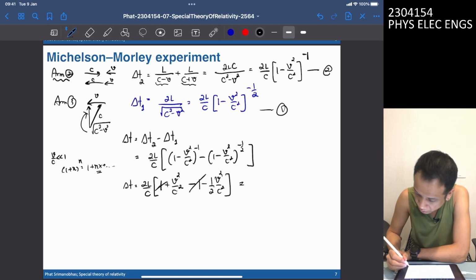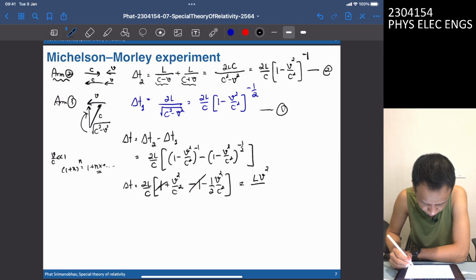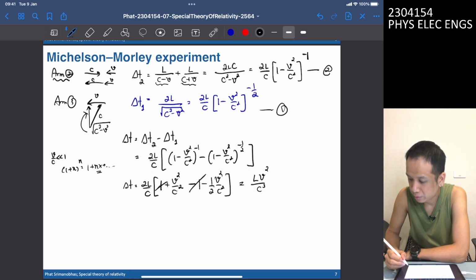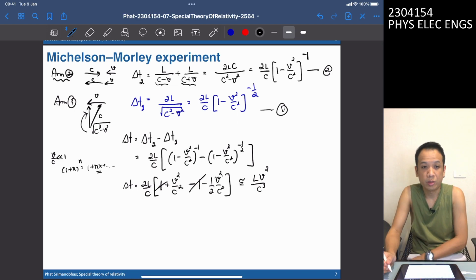So finally, you get L v square divided by c to the third. It's approximate because we use the binomial expansion.